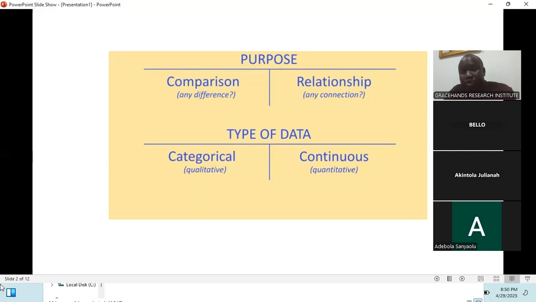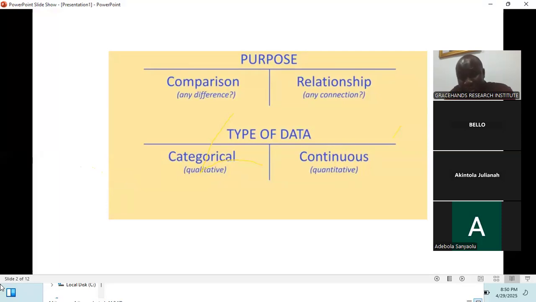So the first thing you need to understand when you are trying to analyze any data, or if you are not analyzing but you are setting the objective, this training is not just for data analysts. It's not only for data analysts. It's also for researchers. I tell people you can't be a complete researcher if you don't understand data analysis.